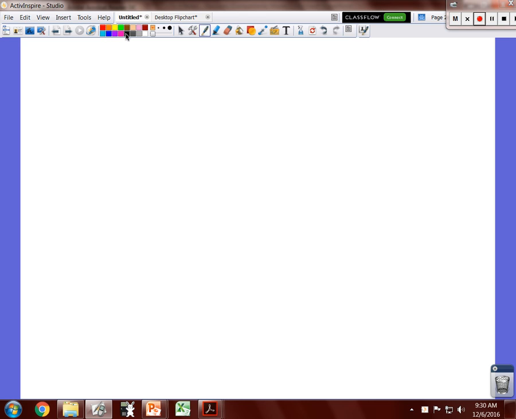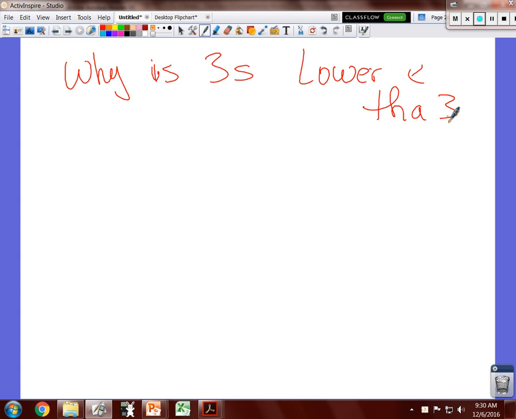So question 3 says, why is 3s lower in energy than 3p? And what I showed most of you that I answered this question for was it showed 1s, and then it showed 2s, and then it showed 2p, and then it showed 3s, and then it showed 3p.